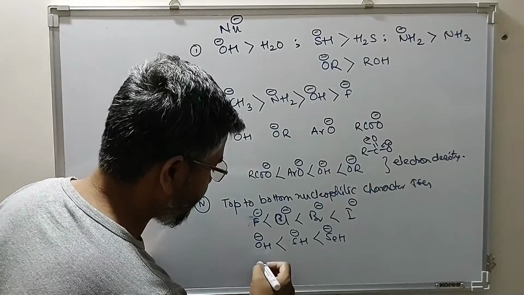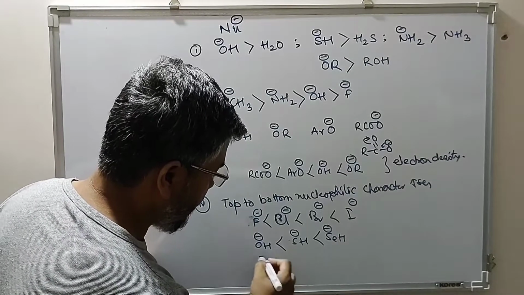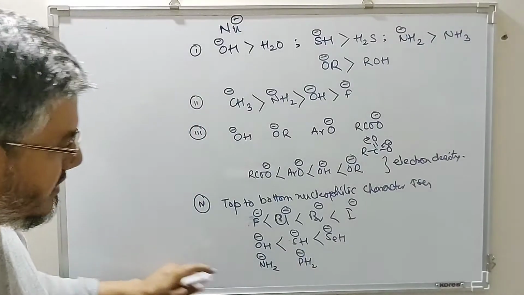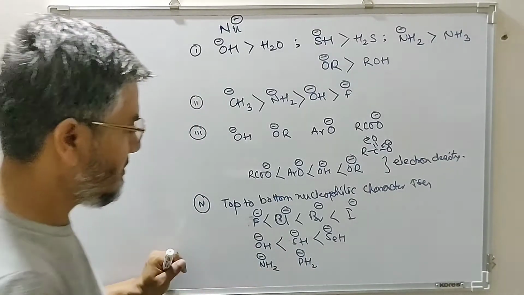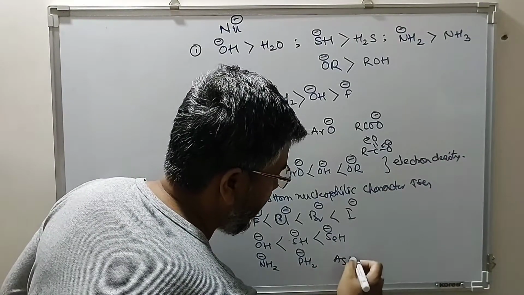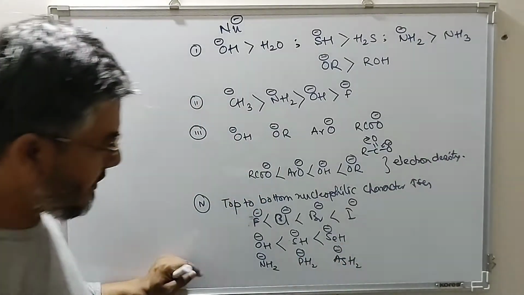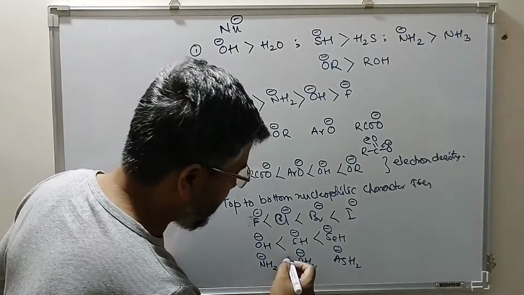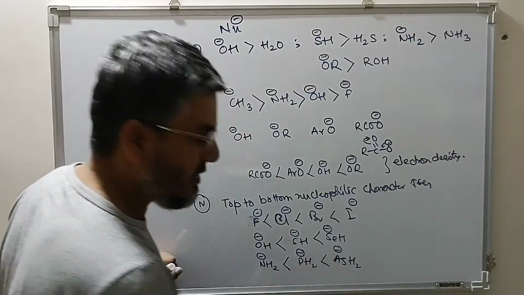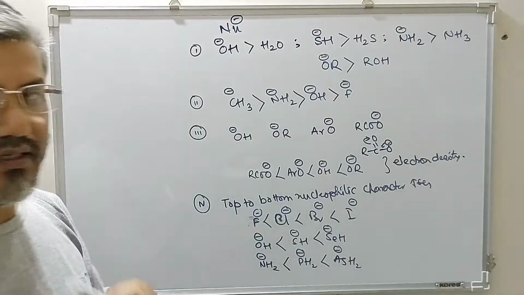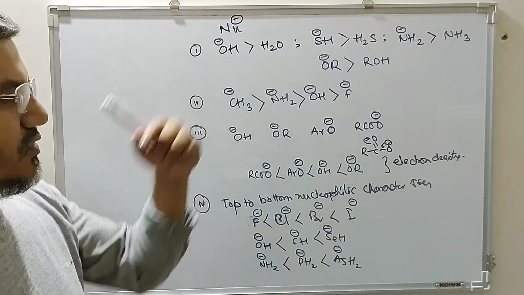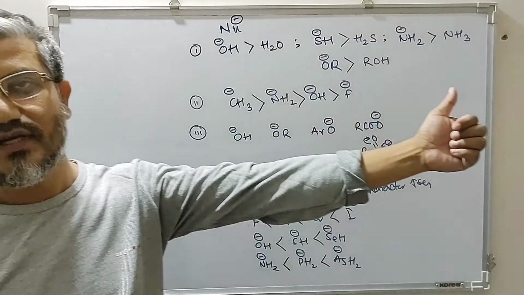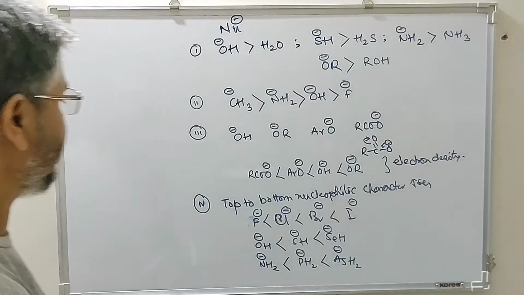Similarly, NH2 minus, PH2 minus, AsH2 minus. Again, nitrogen, phosphorus, arsenic belong to the same group. So moving from nitrogen to phosphorus, phosphorus to arsenic, again nucleophilic character increases. That is, top to bottom, nucleophilic character increases. Left to right, nucleophilic character decreases.